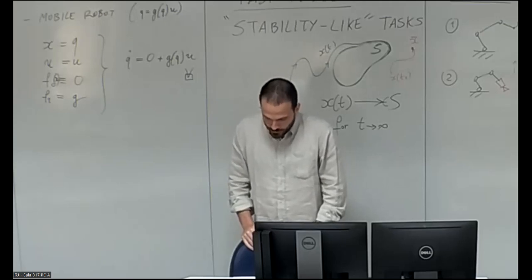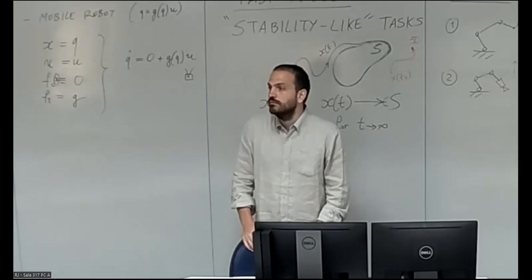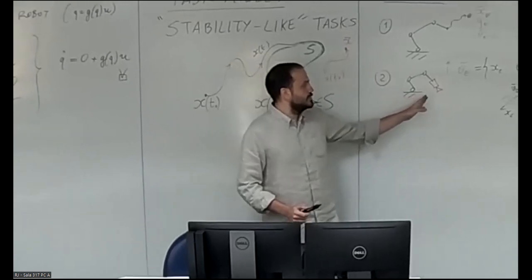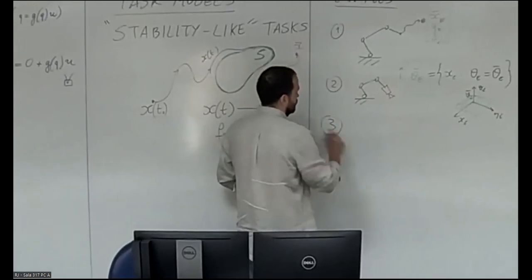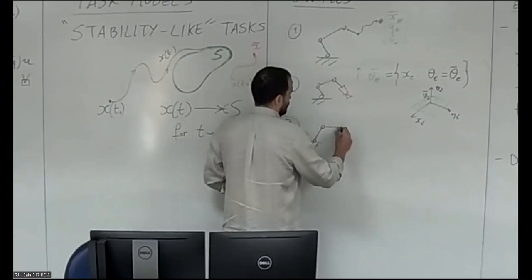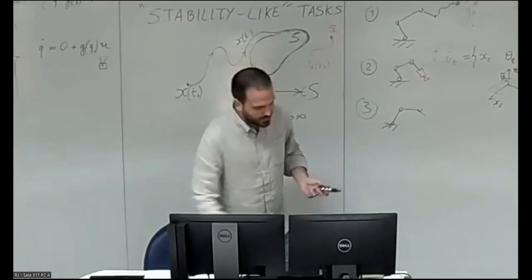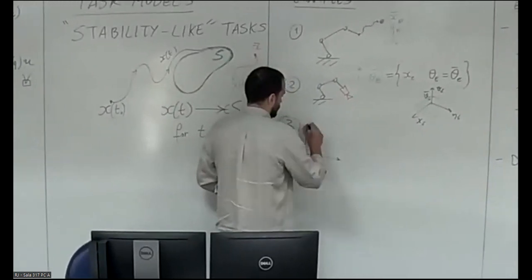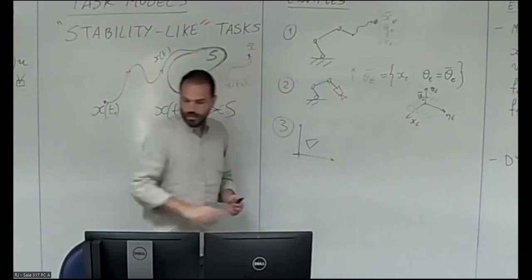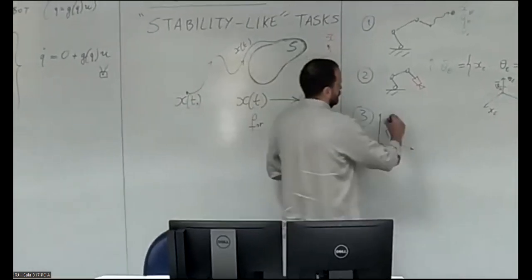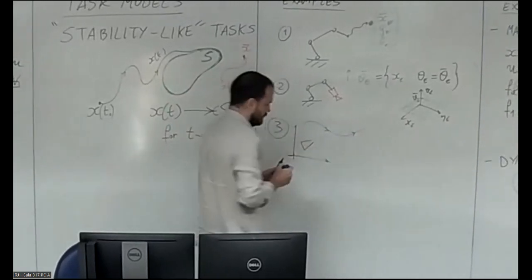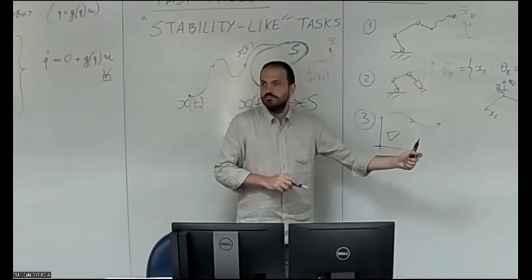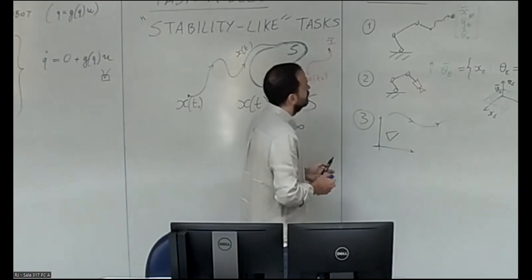Other examples of this would be tracking a trajectory, right? If you don't want to just reach a point, you can track a trajectory, and that's an example for the mobile robot. So we have our unicycle, for instance, and we want it to track this trajectory, right? So this will be a set that moves in space. This S, oh, this was green, sorry.